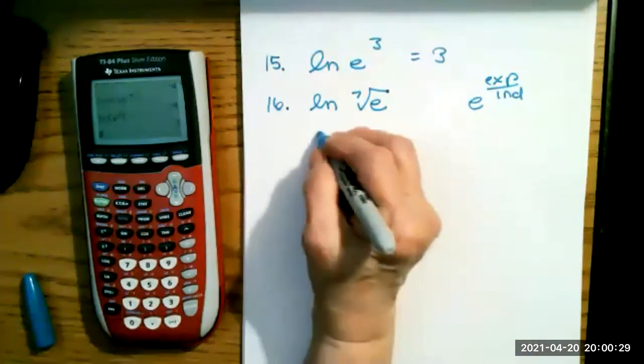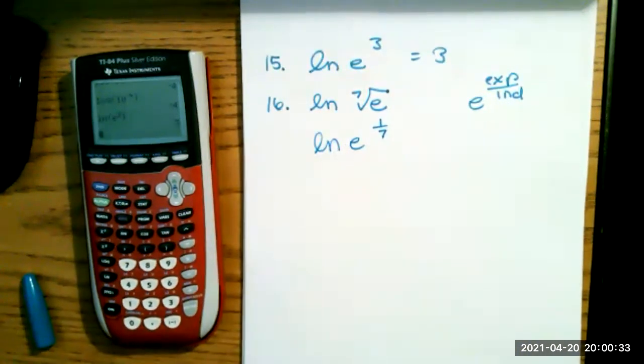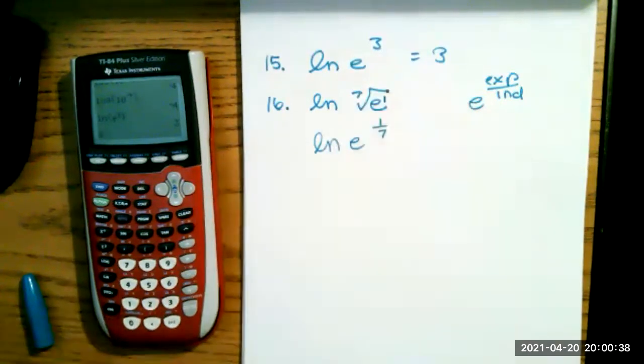How'd you do that? Very quickly. That converts to e to the 1/7 exponent over index. Yeah, I don't know how to do that. I've figured out a trick, I guess. What is your trick? The trick is, it's hard to explain.